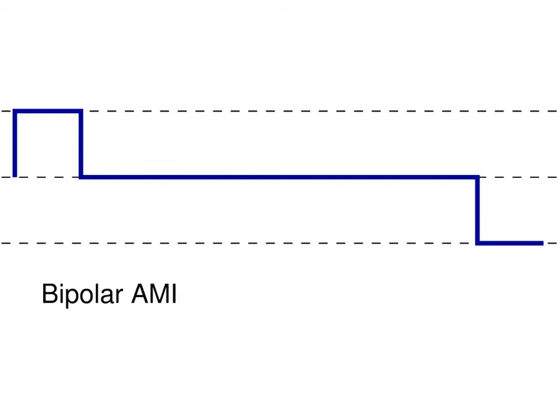Some schemes have inbuilt methods to automatically synchronize. This one doesn't. We'll see another one that does shortly. So a disadvantage of bipolar AMI, and also the previous two, is that synchronization is difficult. We can lose synchronization with the transmitter.